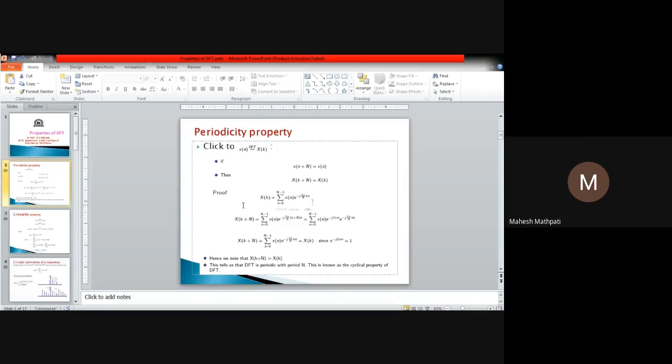X of k is equal to summation n equals 0 to N minus 1 x of n W_N raised to kn. Okay. So first write down that formula. X of k equals summation n equals 0 to N minus 1 x of n e power minus j 2 pi kn by N is our formula.